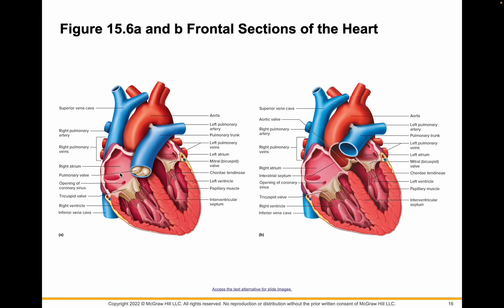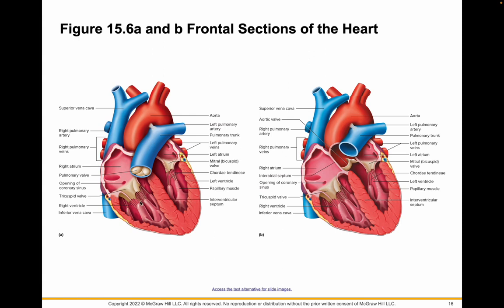So we're on the right side, and here's that tricuspid valve. When this right atrium squeezes blood down here into the right ventricle, and this right ventricle squeezes, the pressure snaps this valve shut. It's like a one-way door, and forces the blood through.